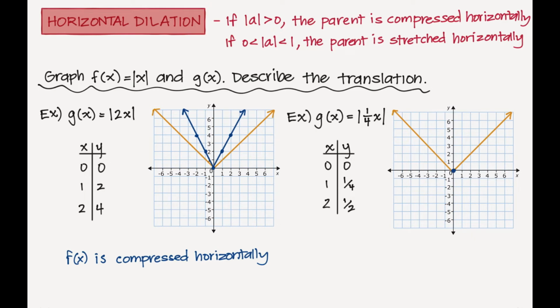So 0, 0, 1 up to 1/4, 2 up to 1/2, and then I'm going to reflect those on the opposite side of the y-axis as well. And then I can go ahead and connect those dots to draw my lines. Okay, there we go. So this is definitely being flattened. It's being stretched horizontally, which means it's being stretched closer to the x-axis.